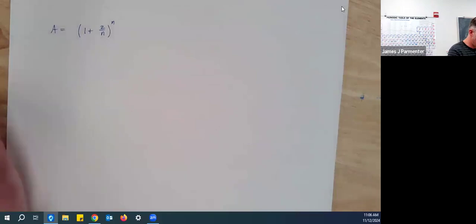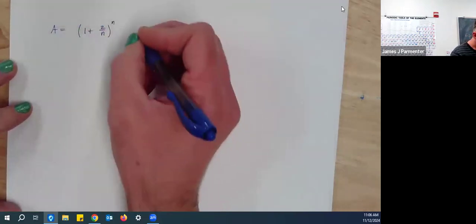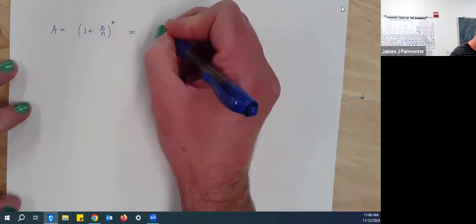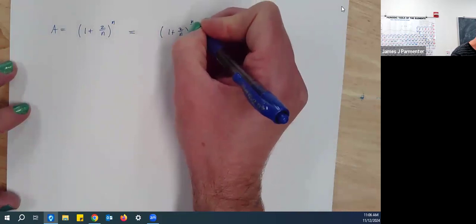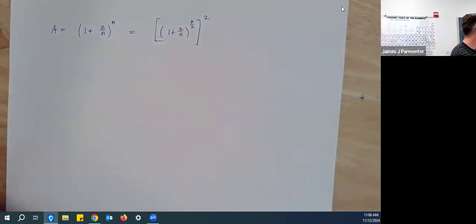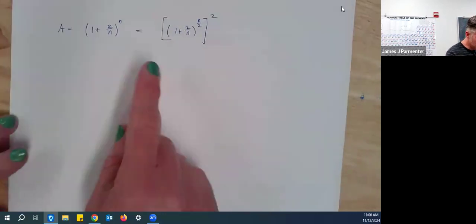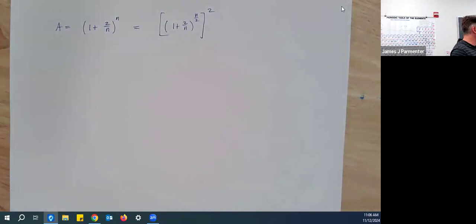So the idea here is that if you think about taking the limit as this goes to infinity, well, you can rewrite this as 1 plus 2 over n to the n over 2, squared. Now this inside part is going to be getting closer and closer to just e, because you have the exact right thing.